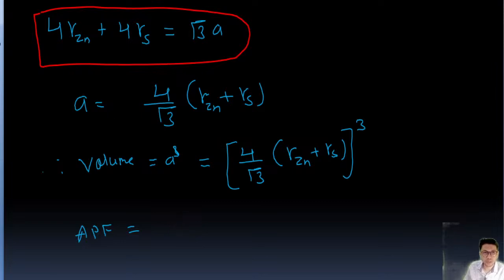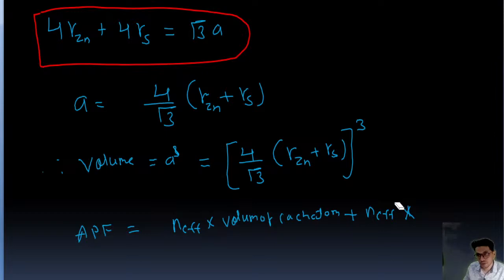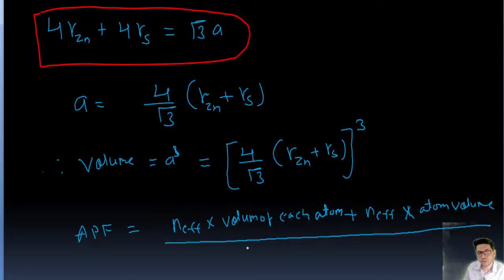This is going to be N effective into volume of each atom, plus, there are 2 atoms, N effective into volume of each atom, upon the total volume.